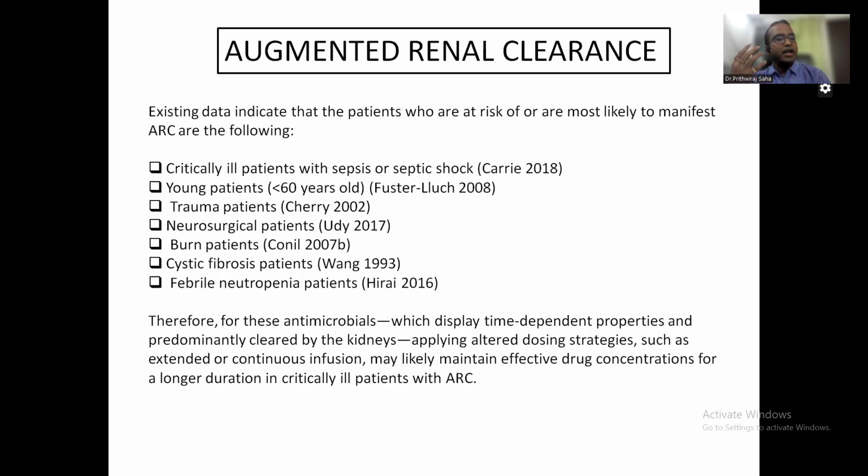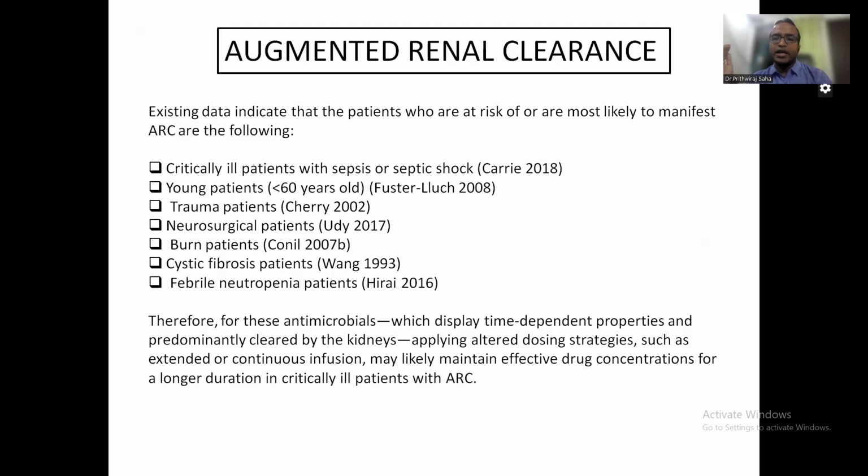In burn and trauma patients, the cardiac output increases, and the patient lands in a hyperdynamic circulation. In a critically ill patient with sepsis or septic shock, in those conditions, the creatinine clearance increases up to the level of 130 ml per minute. And this augmented renal clearance decreases the concentration of the drug in the blood.